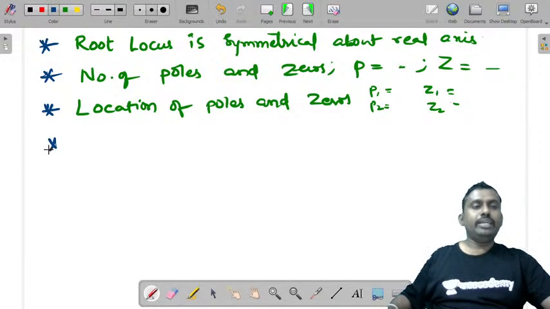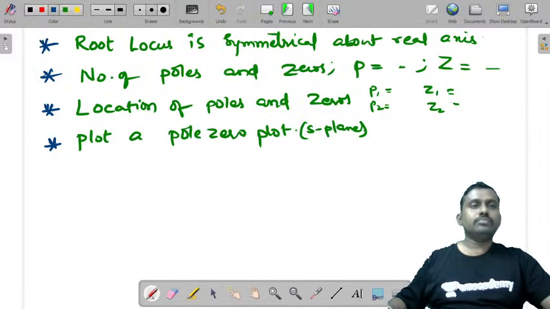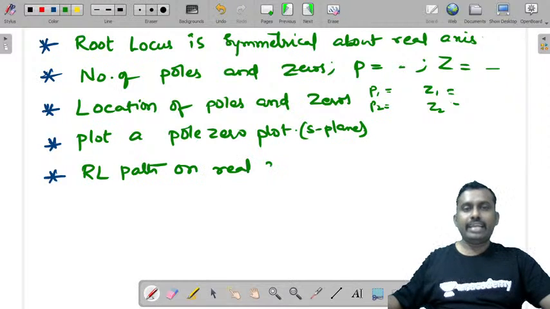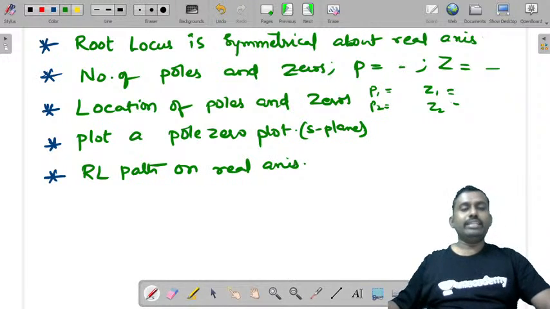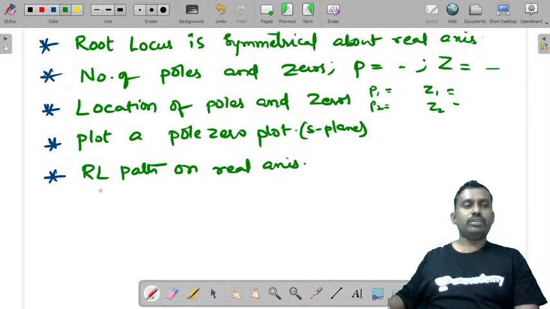After this, we'll plot the pole zeros on the S plane. Then we'll find the root locus path on the real axis, whether a given point on the real axis is on the root locus or not.